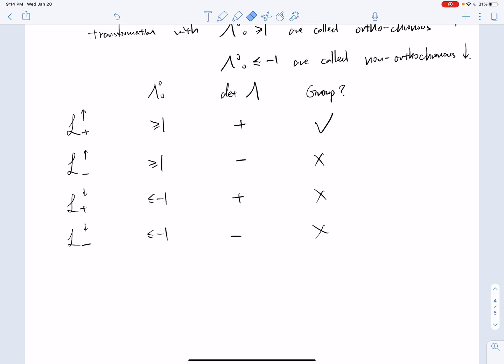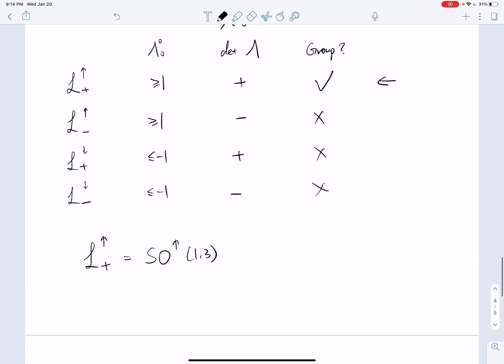So this one is the most interesting one. The proper orthochronous subgroup of the full Lorentz group, we give it a name, SO(1,3)↑, is the proper, and remember, proper means determinant is positive, or determinant is 1, orthochronous, which means that the 0,0 component is greater than or equal to 1.